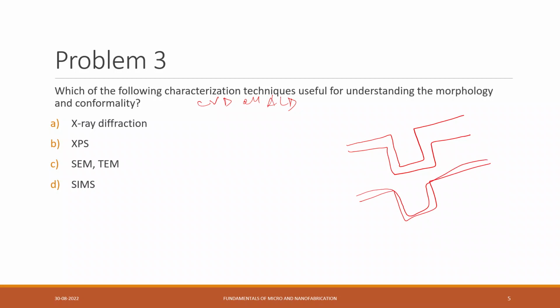This is the thin film, and that is the silicon. This you would say is more conformal, and this is less conformal. So how will you know which technique would be a good method for understanding these things?